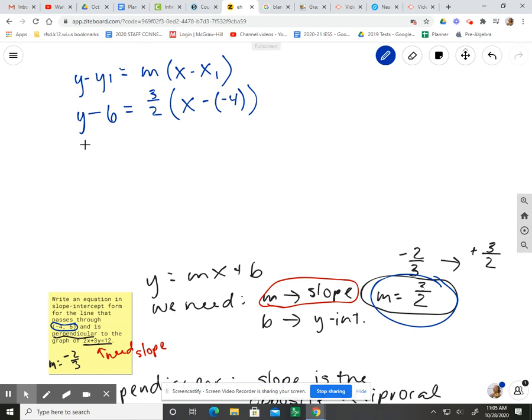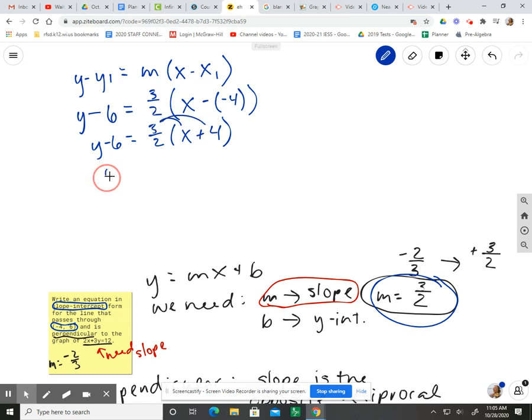Now we need to write this in slope-intercept form, right? That's our end goal. We have our equation, but it's not the form we want, so we need to solve for y. y minus 6 equals 3 over 2 times x minus negative 4, which is really x plus 4. Now I'm going to distribute.